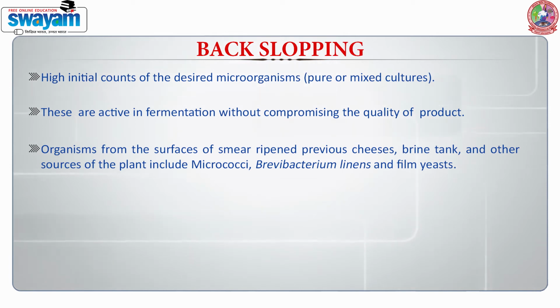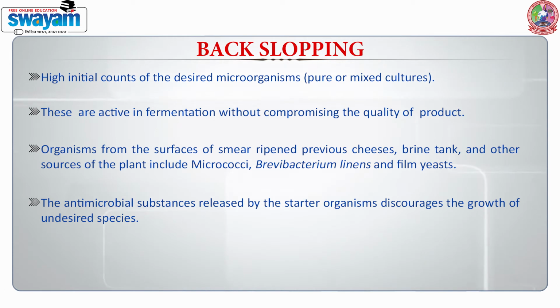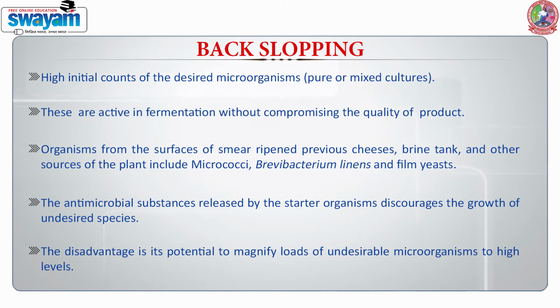The advantage of this process is that the antimicrobial substances released by the starter organism discourage the growth of undesired microorganism. The disadvantage of this process is its potential to magnify the load of undesirable microorganism to high level if the original source is contaminated.